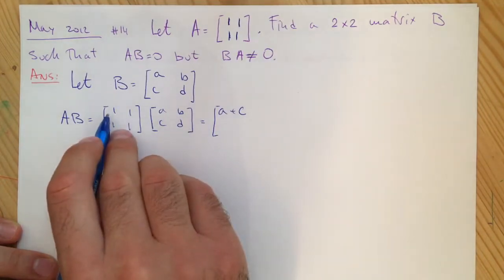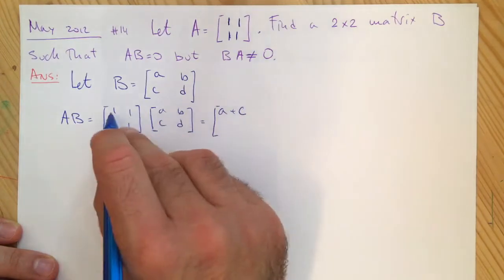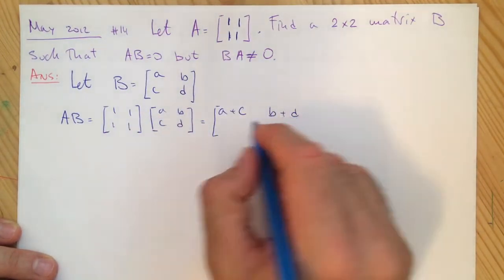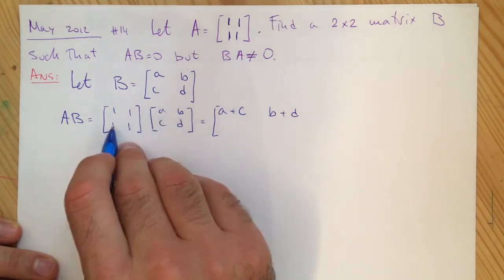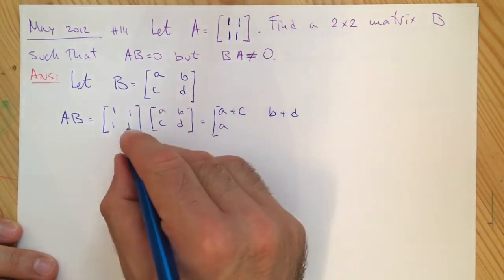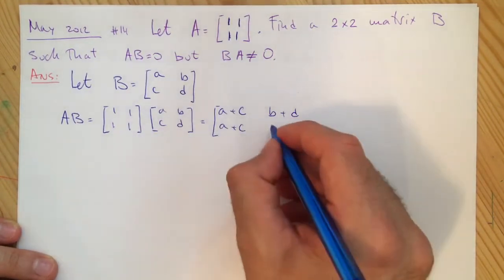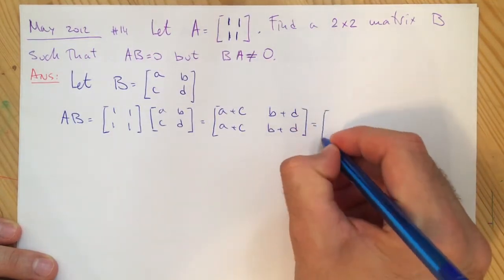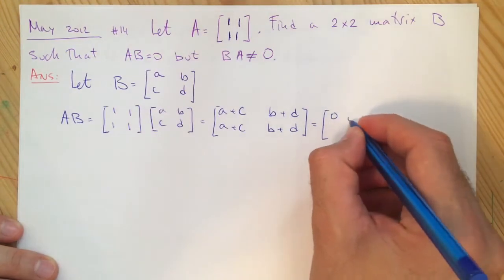Now the first row of A and the second column of B, 1 times b is b plus 1 times d is d. And now second row times first column, a plus c, and finally the same thing, b plus d. And we want this, be careful, this 0 here means the 0 matrix. We want this to be 0.